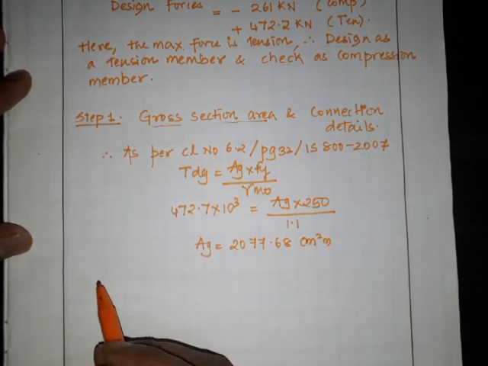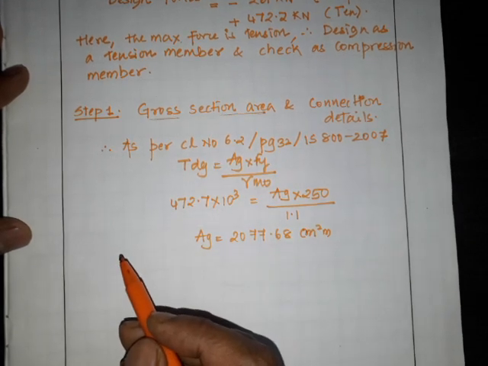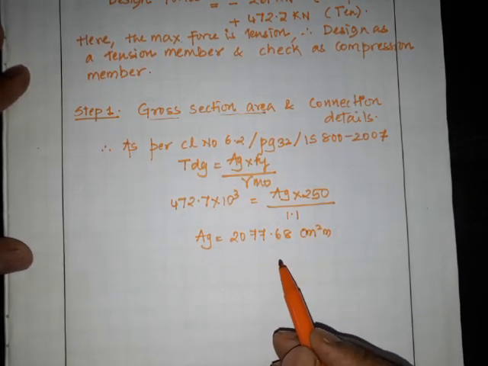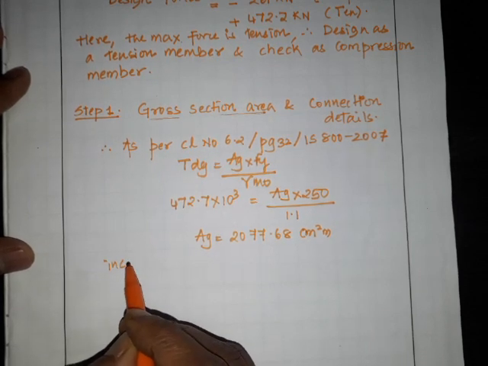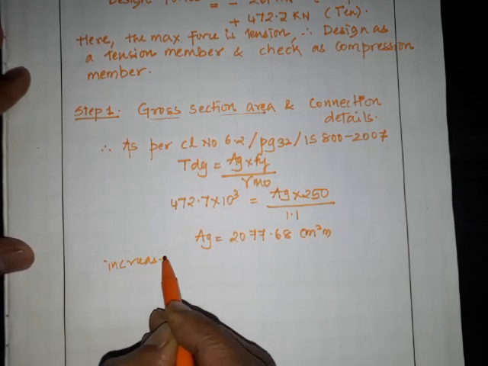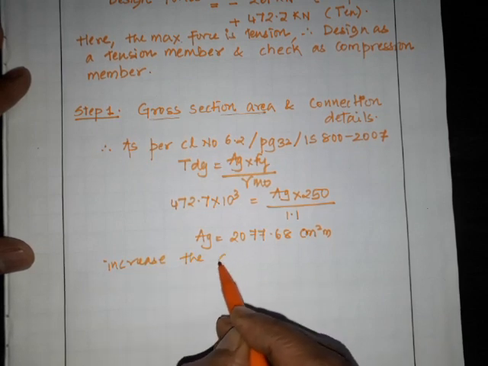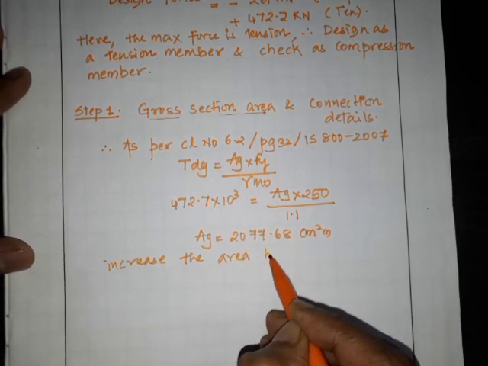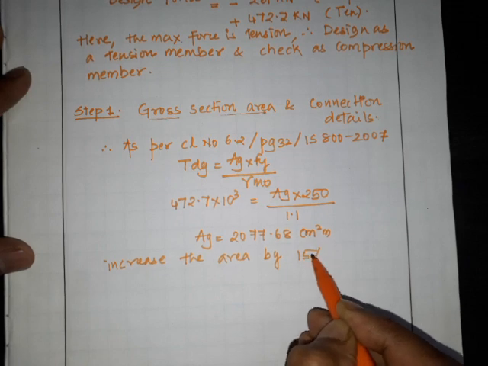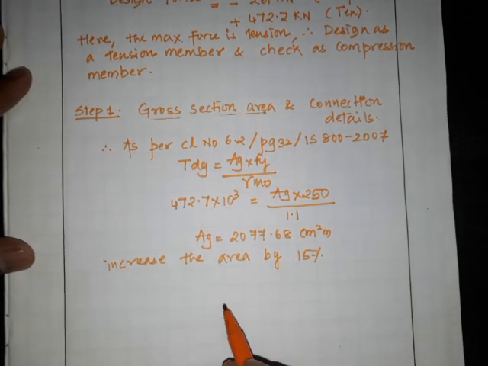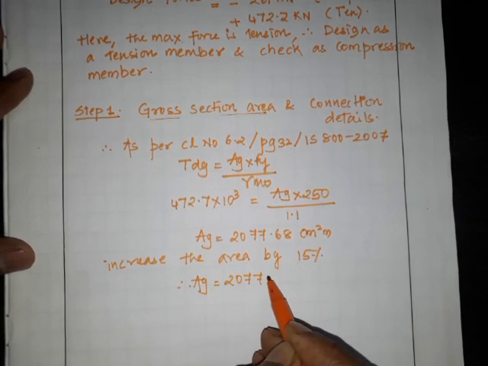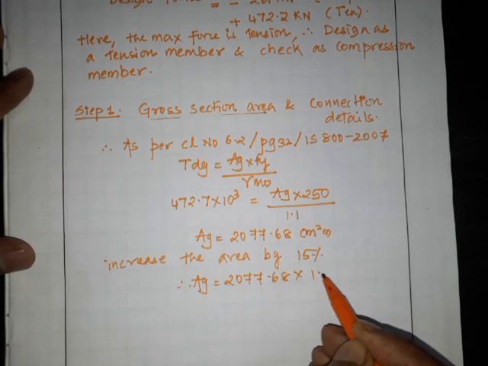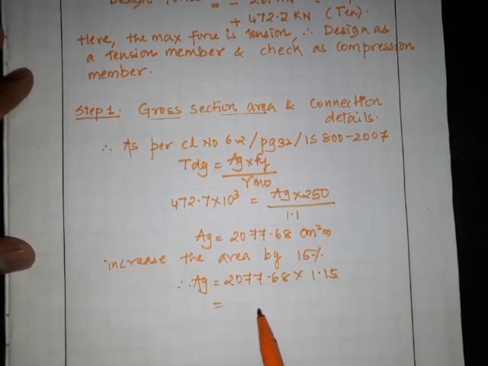So again what you have to do for factor of safety, you have to increase the gross area by 15%. So therefore Ag will be 2077.68 into 1.15. By 15% you have to increase.